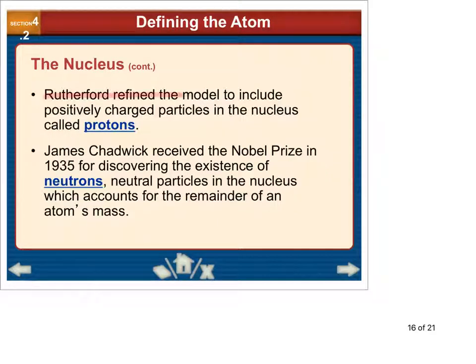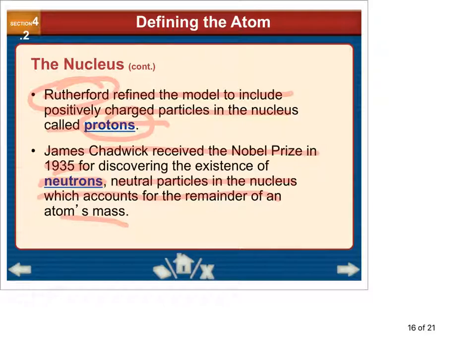And then Rutherford refined the model later to have things called protons in there. So Rutherford, protons in the nucleus. And then move along a few more years, and James Chadwick in 1935 figured out there are neutrons in the nucleus.